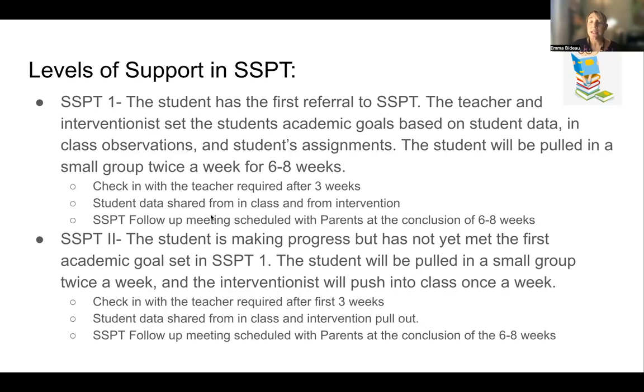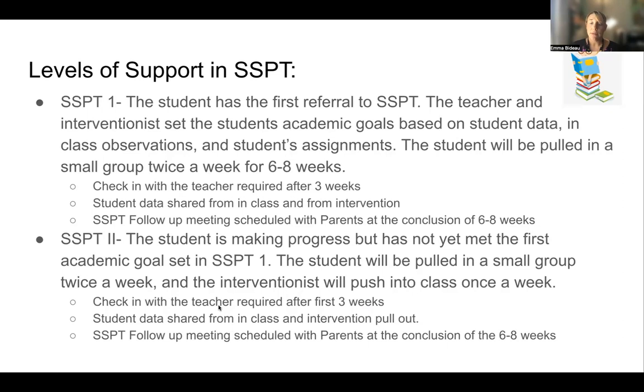If a student has not met their goal yet, they move into SSPT 2. They are making progress at this stage, but they still haven't met the goal. This means they'll be pulled in a small group twice a week, but I will also push into class once a week to support with their goals in the classroom setting as well.